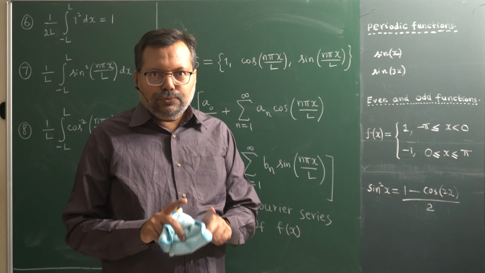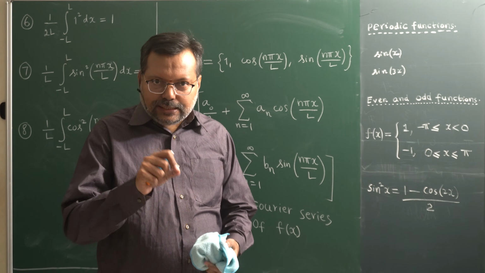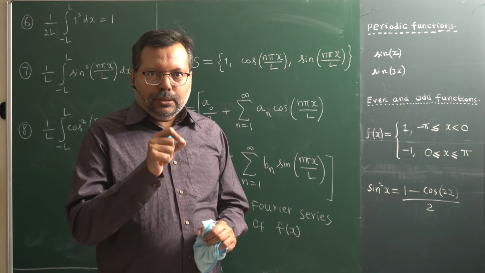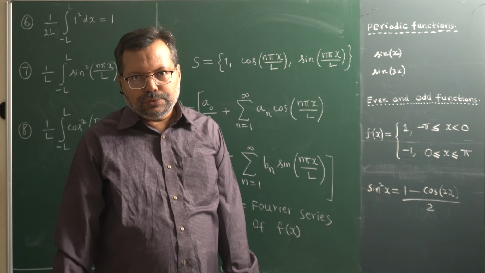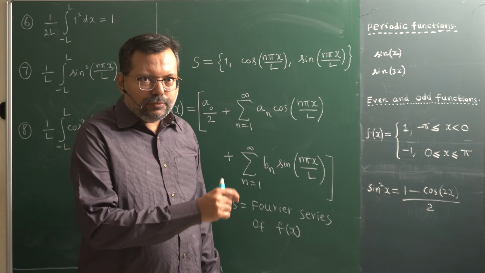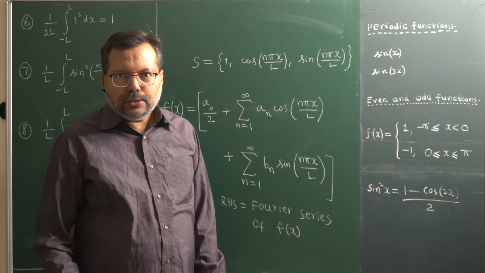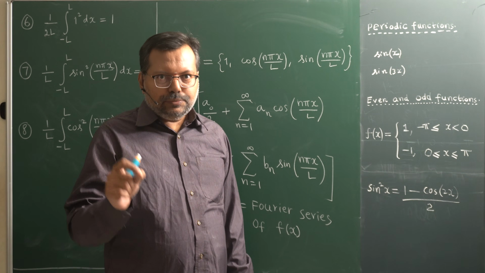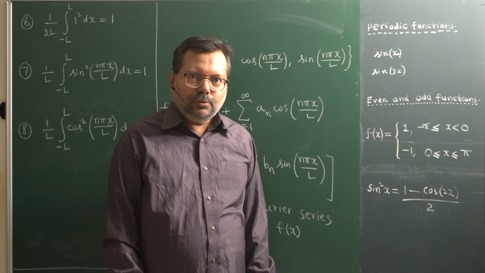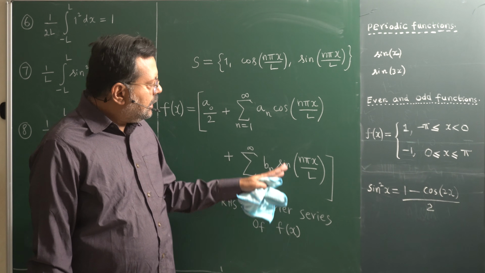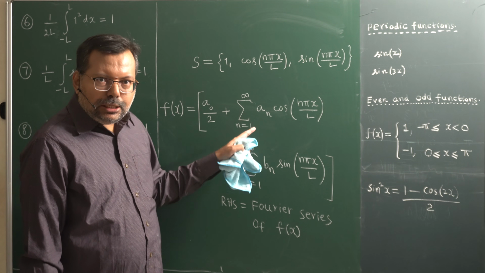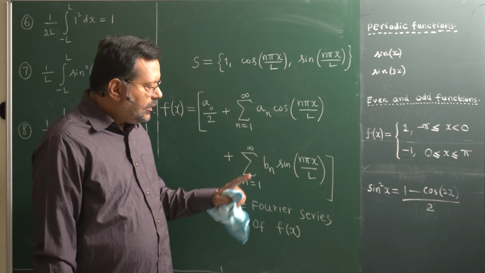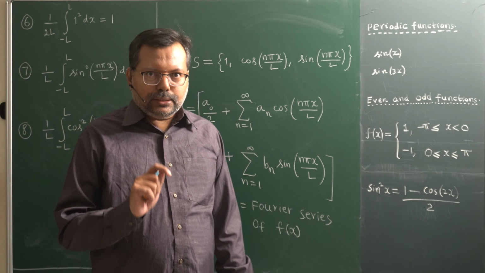This is called Fourier analysis. You are analyzing a complicated signal in terms of simple DC, sine and cos waves. That is a very powerful technique, and that is the reason why it is used in a course called Signals and Systems, which BTech students mostly do. We will take an example, and in the next class I will tell you how to calculate these constants an, bn, etc. Okay, bye.